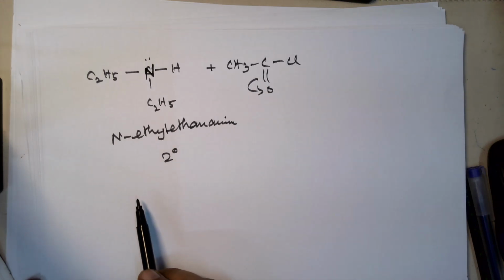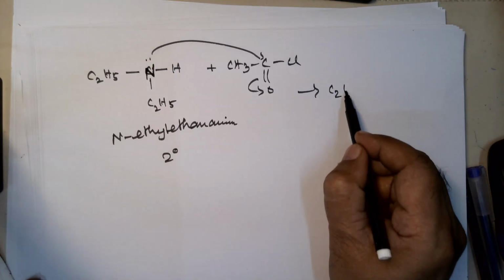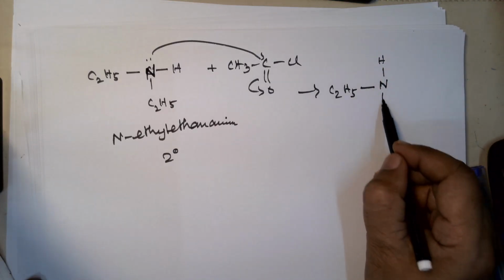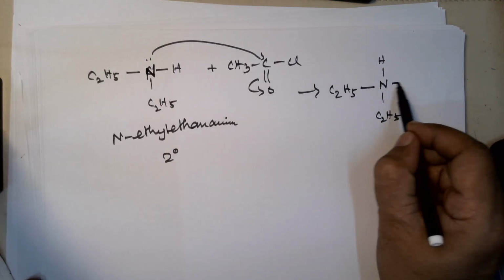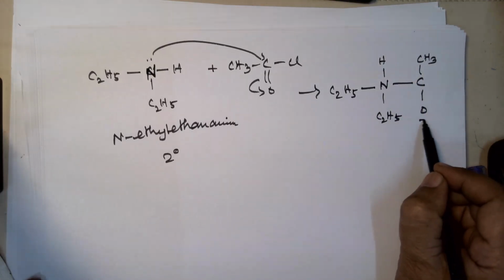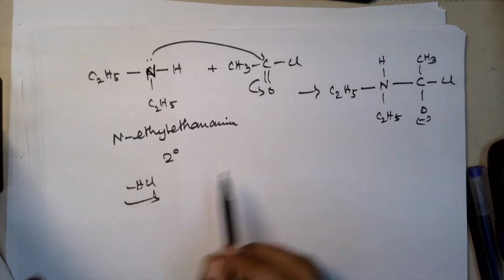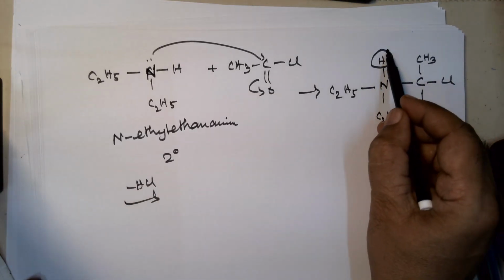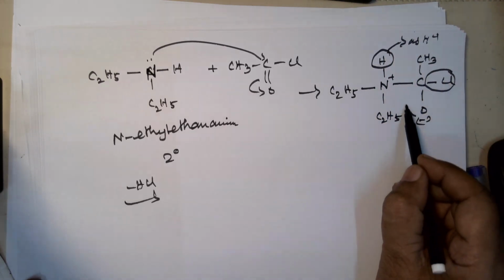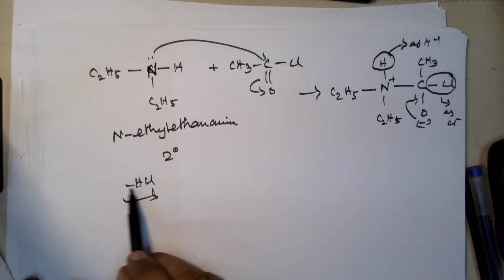So now you have to put CH3COCl, acyl chloride. So what will happen? Pi electron transfer and this will attack here, so that you are able to get C2H5, N, put C2H5 here, and attach to the carbon atom, and here you have CH3, then O minus, and Cl. Now you have to remove HCl. How to remove HCl? That is as H plus, and this one as Cl minus, so that this will come here. So HCl is removed.